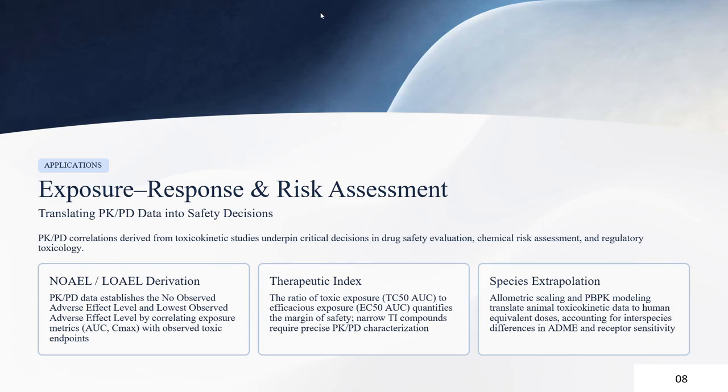The therapeutic index compares toxic exposure with the effective exposure and indicates the safety margin of the compound. The third is species extrapolation. Using the PKPD model and allometric scaling, animal toxicity data can be translated to predict human responses. These applications support drug development as well as environmental safety assessment and regulatory decision making.